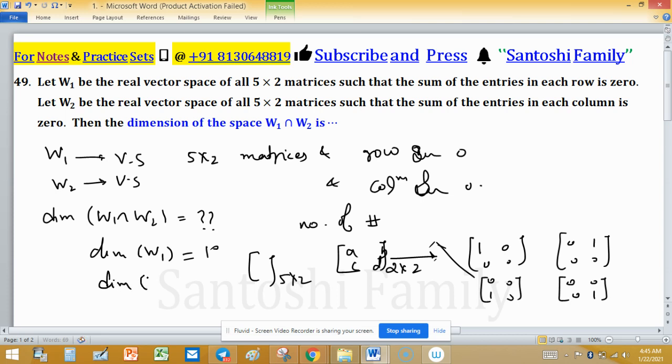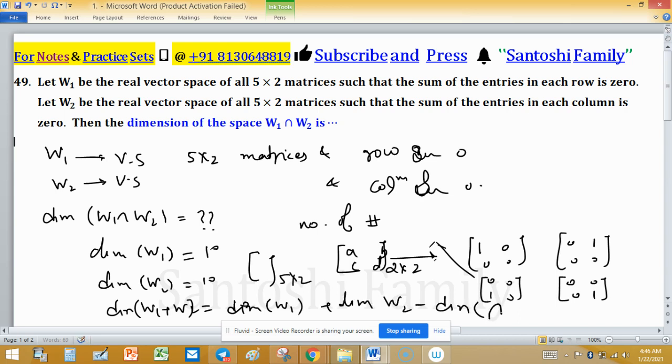Similarly, the dimension of W2 will be 10. Find the dimension of their sum W1 plus W2 and apply the formula: dimension of W1 plus dimension of W2 minus dimension of the intersection of W1 and W2. So you can find the dimension by using this formula.